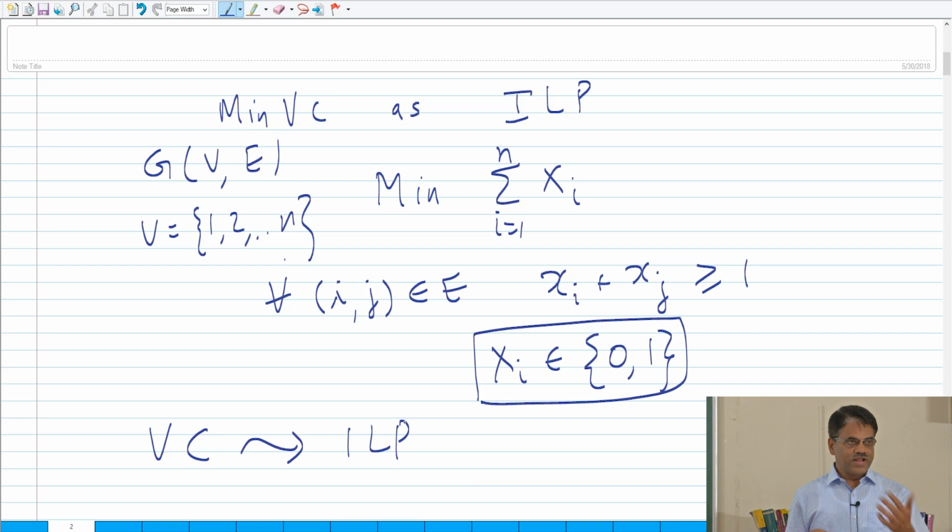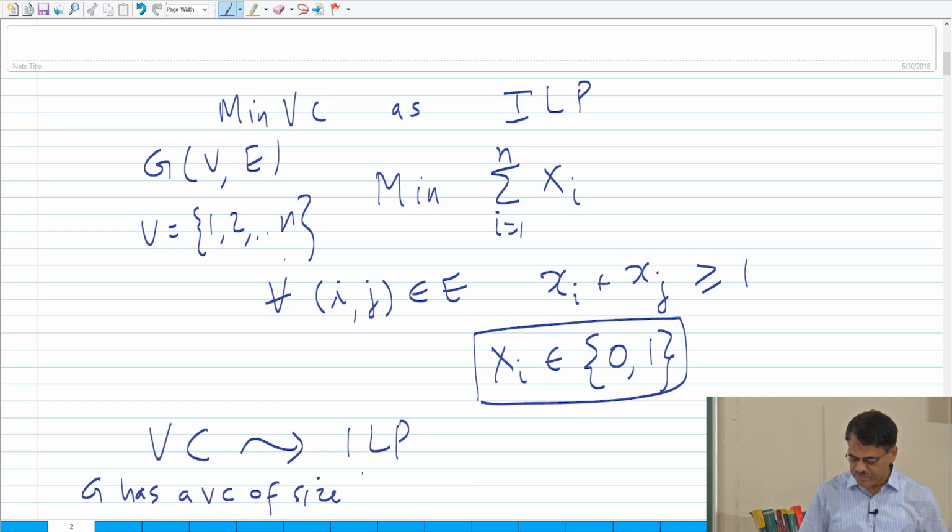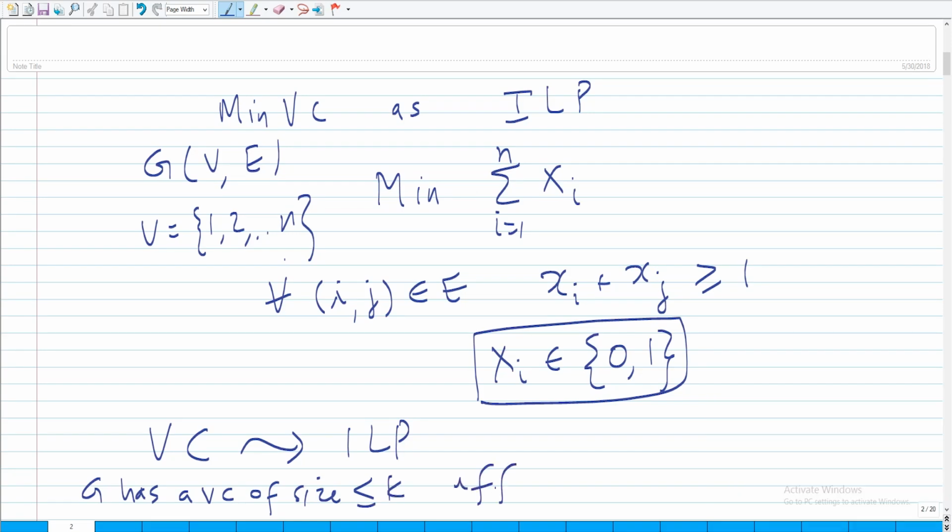Given a graph, I created an integer linear program such that G has a vertex cover of size at most k if and only if this ILP has value at most k. The decision version of the integer linear program would be: given the integer linear program, is the optimum value at most k, because it is a minimization problem. Well, we have actually reduced vertex cover to this.